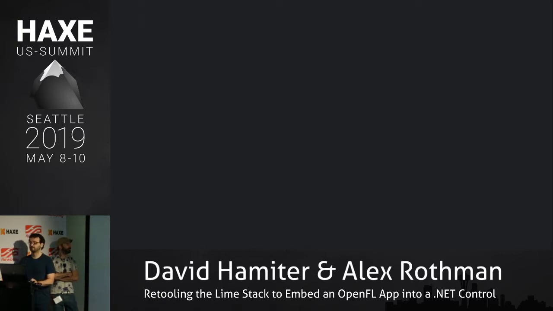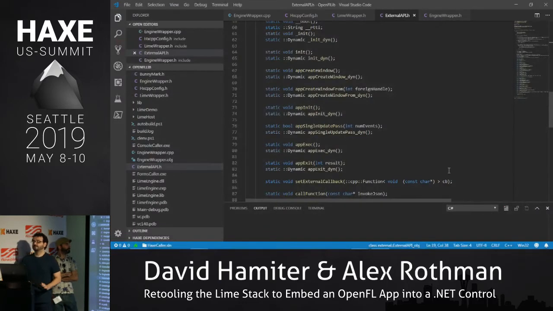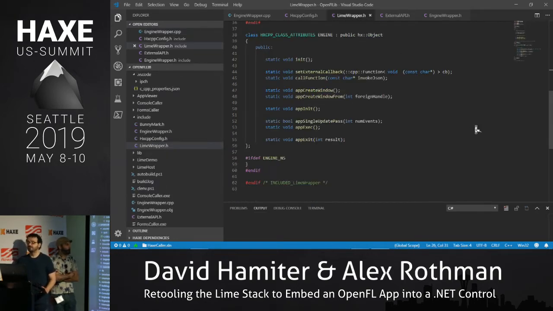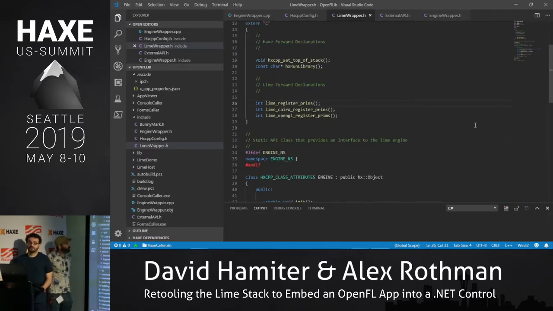So let's start with enginewrapper.cpp. In fact, actually, start with Lime wrapper. In order to start running Lime code, if you're not doing it the default way, you have to know a little bit about what Lime expects at initialization, and you can see some of this in our Haxe and Lime forward declarations.